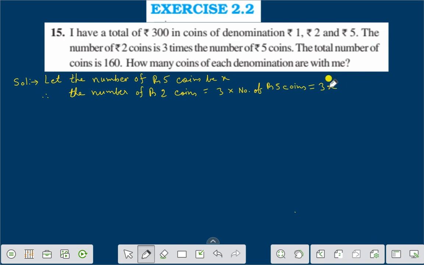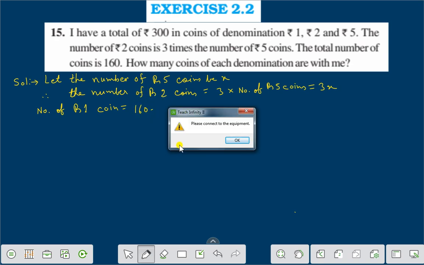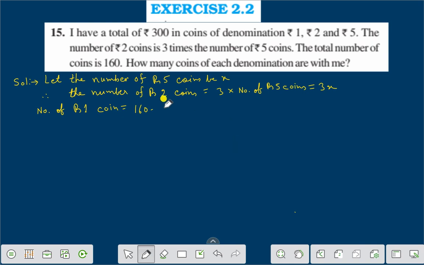Right? Now the number of rupee 1 coins: the total number of coins is 160, minus the number of rupees 5 coins and rupees 2 coins.